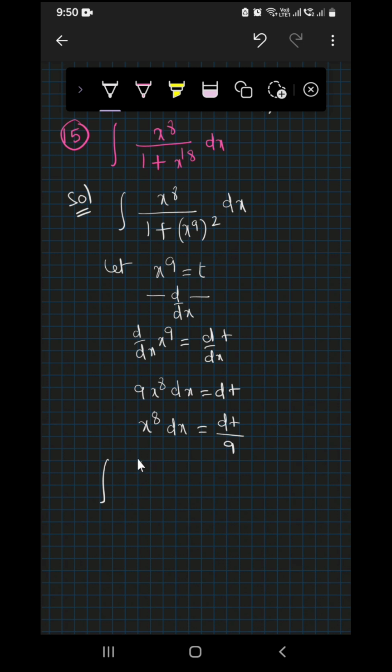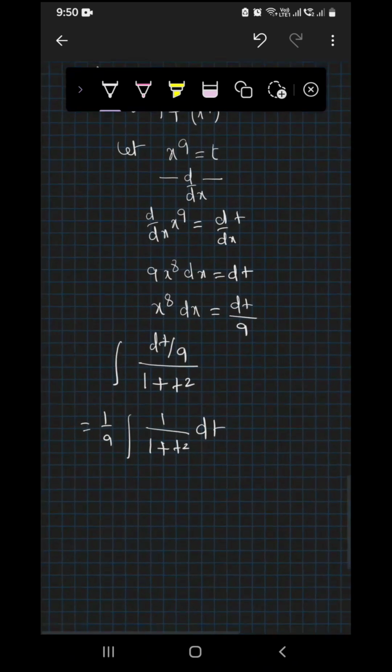That's why I write here dt by 9 by 1 plus x power 9 is equal to t, so t square. Now take this 9 outside. We get 1 by 9 integration of 1 by 1 plus t square dt.